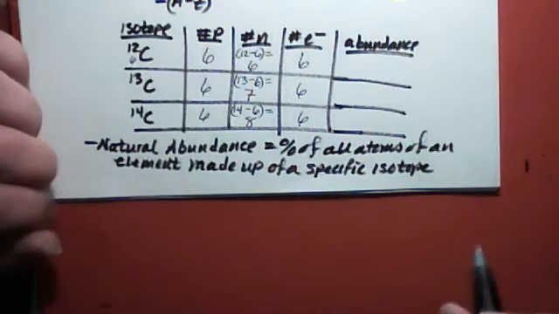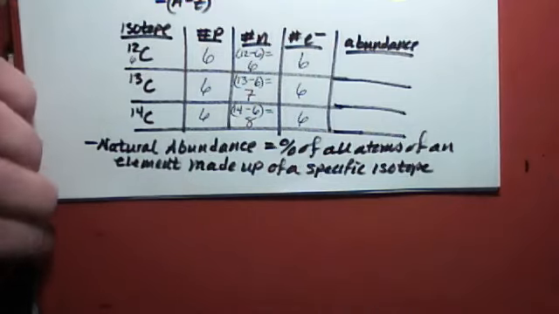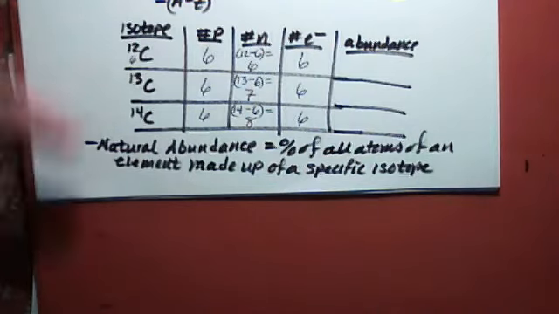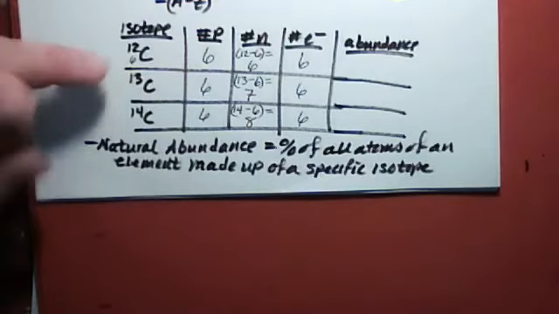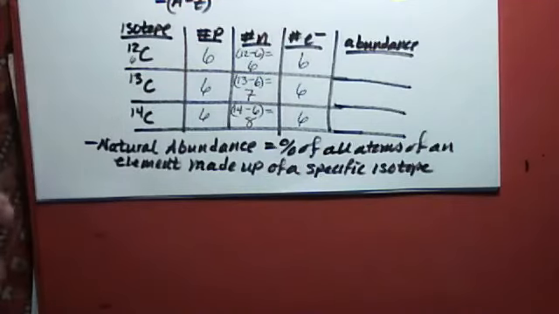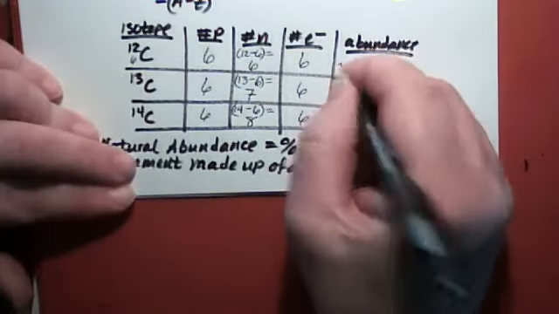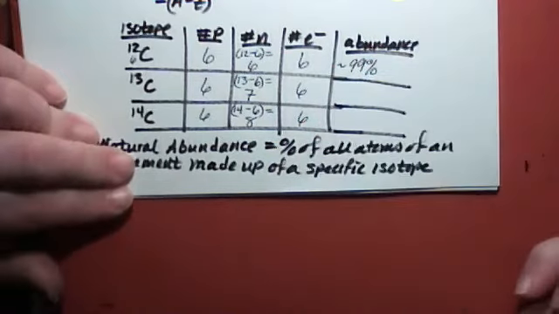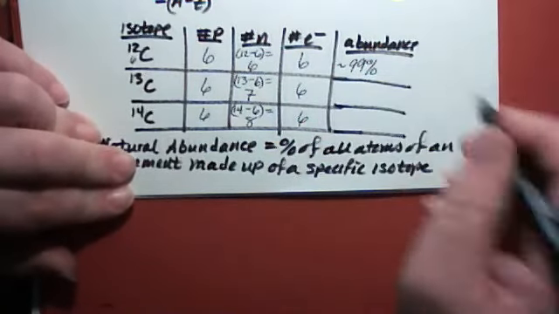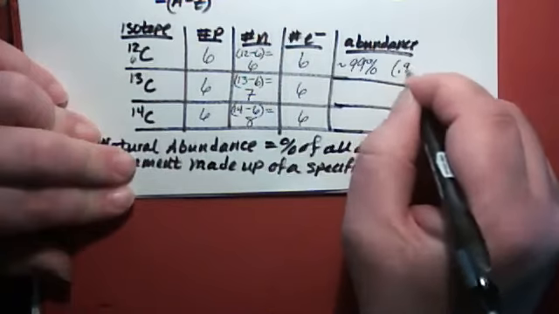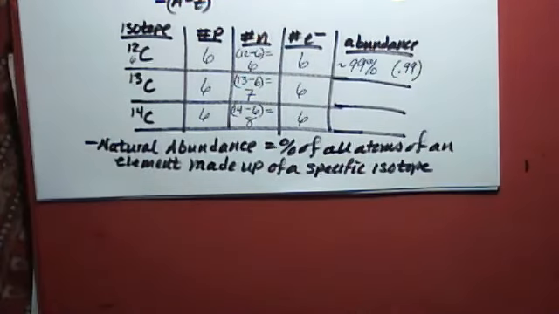And that is indeed the case with carbon, which is why the atomic mass, which is the weighted average of the masses of all of the isotopes, for carbon is 12.01. It's almost exactly 12, because approximately 99% of carbon atoms are carbon-12. As a decimal, if you're going to do any math with it, you would render 99% as 0.99.